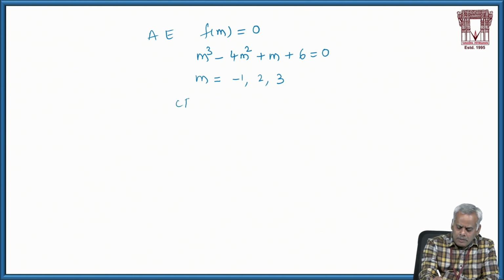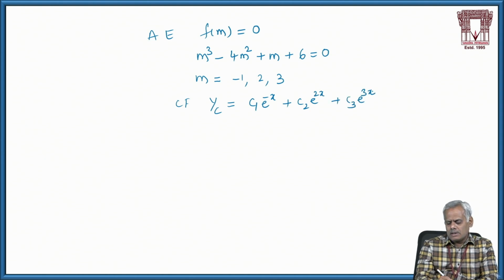Therefore, the complementary function y suffix c is equal to c1 e power minus x plus c2 e power 2x plus c3 e power 3x.